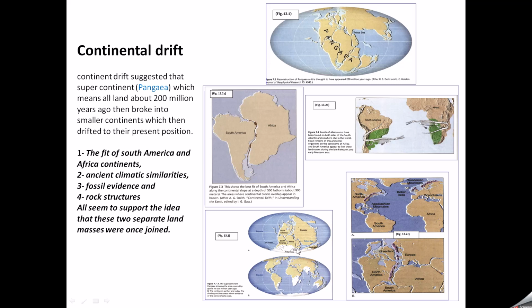Here, 300 million years ago, we had an ice age, and that affected all these continents: Africa, India, South America, Australia, and the southern pole. These places still have sediments of the same ice age. Now they are split apart, but 300 million years ago they used to be together in one continent, Pangaea.